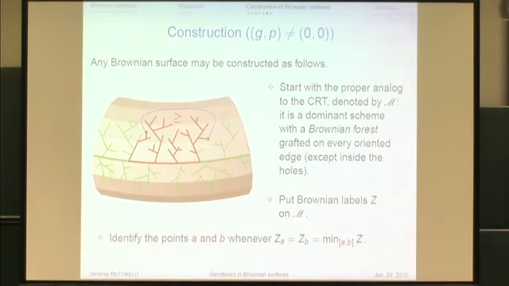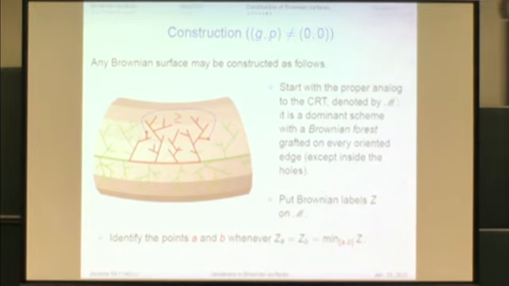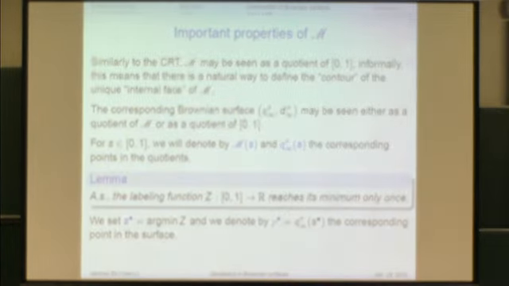So you have to identify this forest, but then you actually have to identify it with the forest on the top of the edge, with the forest on the bottom of the edge. And then you also have to identify the vertices of this structure. It's a bit more complicated, but in the end, it's just a quotient of [0,1].